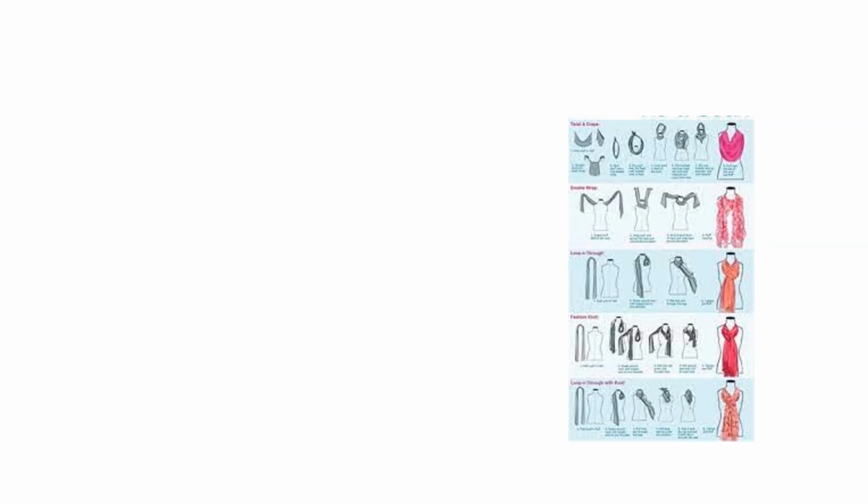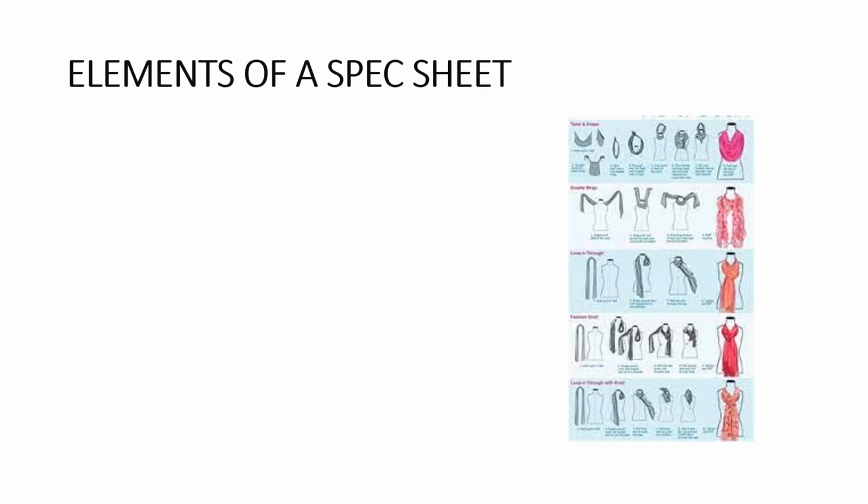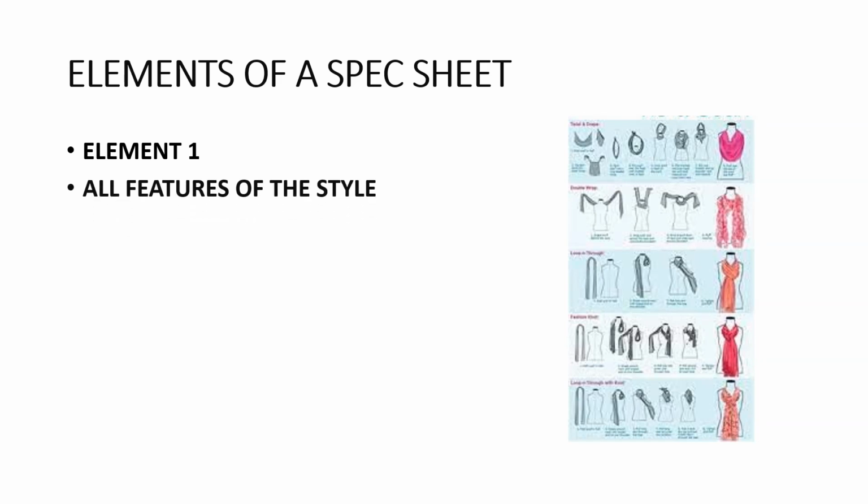Now students, can you recognize what this picture or image talks about? This is also an important element of a spec sheet. This is element number 1, we call it. This talks about features of the style, all features of the style. A particular style is there in the specification sheet, and what are the important features associated with that particular style.